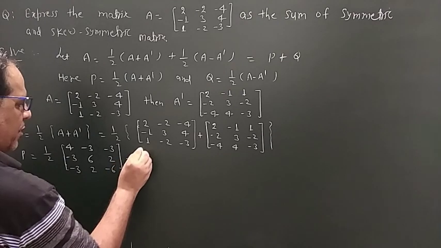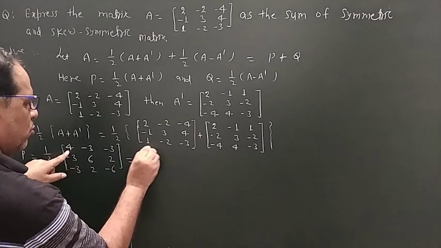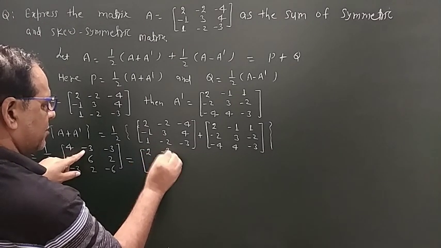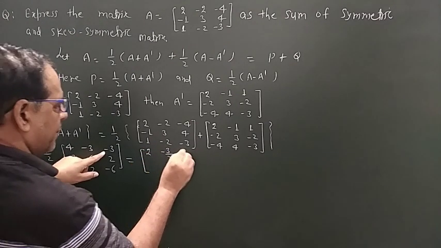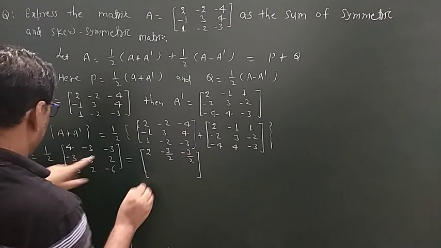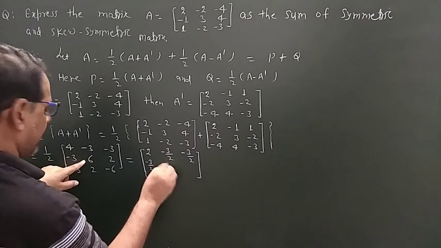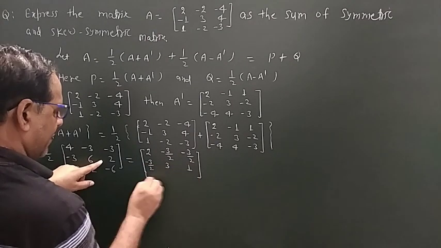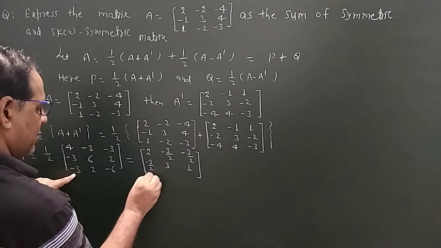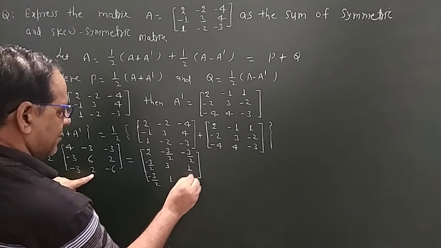This is also divided by 2 again, so we have only 2, minus 3 by 2, minus 3 by 2. The second row becomes minus 3 by 2, 3, 1, and the third row minus 3 by 2, 1, minus 3.